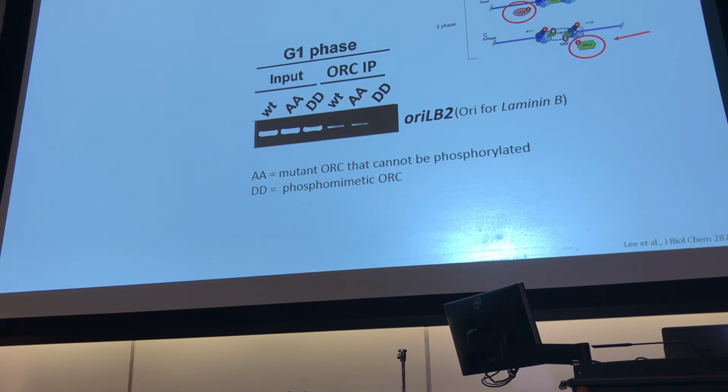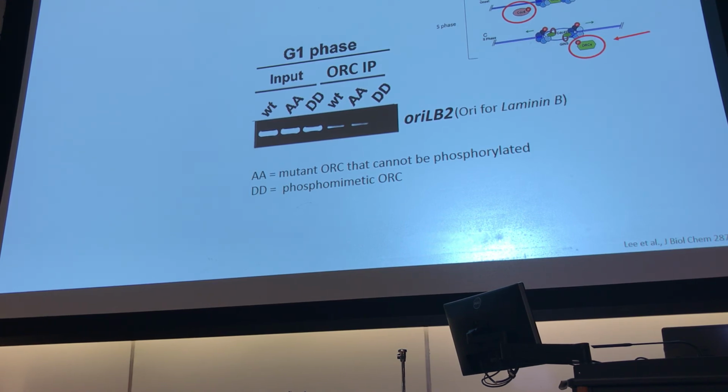That's what's shown here: you're IPing for ORC, and this is during G1 phase. Remember, cyclin A is functional during S phase. During G1 phase, cyclin A is not around, it's not active. So in G1 phase, the ORC is nice and bound to DNA, and that's what's shown here.